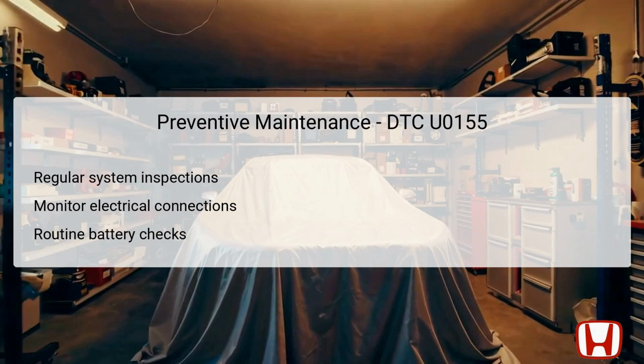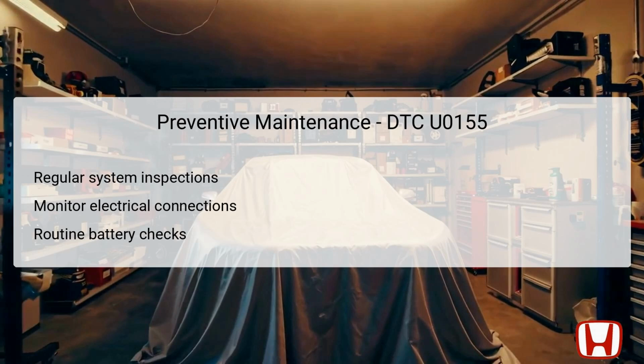Preventive maintenance plays a crucial role in avoiding DTC U0155 and related issues. Establishing a routine for regular inspections of the electrical systems can prevent communication failures before they manifest into code issues. Regularly monitor electrical connections, particularly around the CAN wiring harnesses, to ensure that they remain secure and free from damage or corrosion.